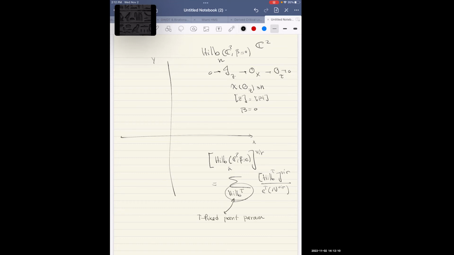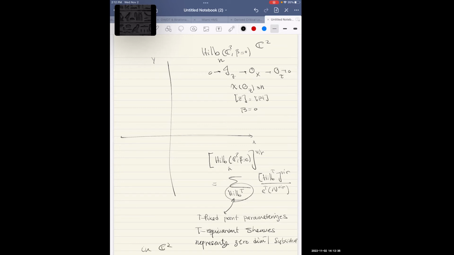The T fixed part parameterizes T equivariant sheaves representing zero-dimensional subschemes in C2.